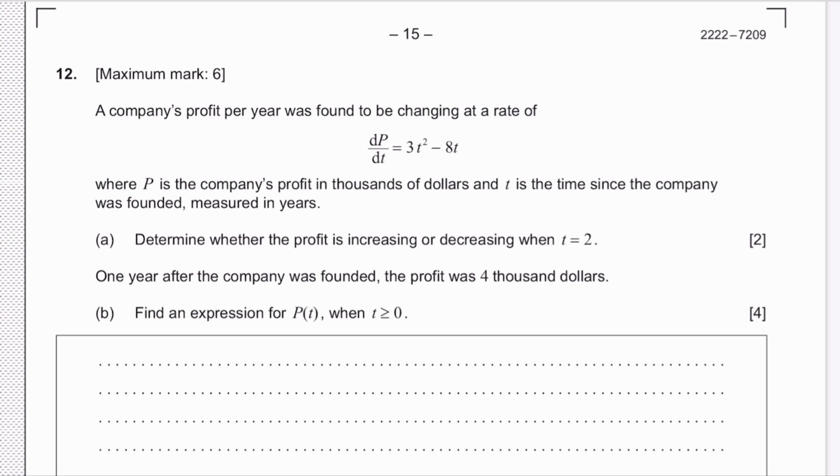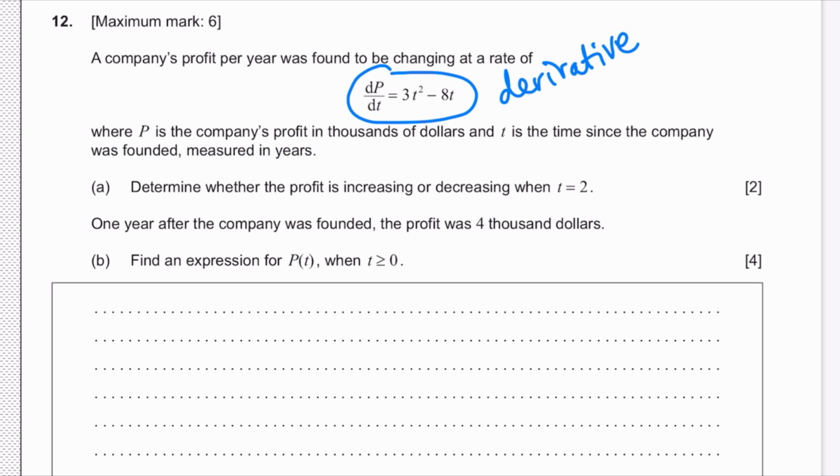Number 12, a company's profit per year was found to be changing at a rate of dP/dt equals 3t squared minus 8t. This right here is the derivative, where P is the company's profit in thousands of dollars and t is the time since the company was founded measured in years. Determine whether the profit is increasing or decreasing when t equals 2. The derivative is the rate of change. So one of the things that you can do is substitute t is equal to 2 into the derivative.